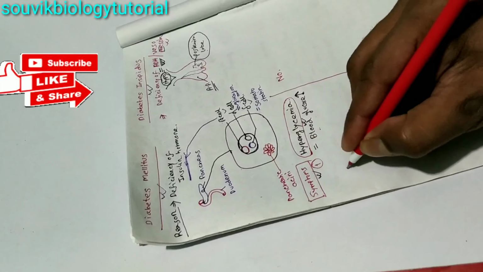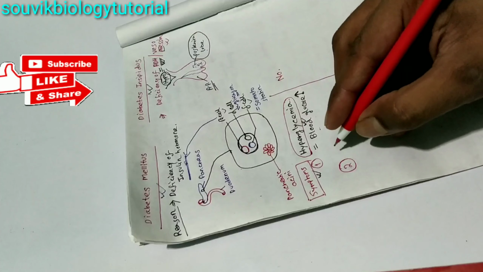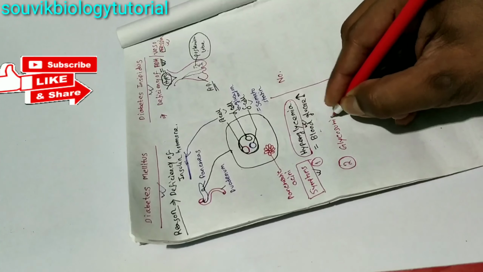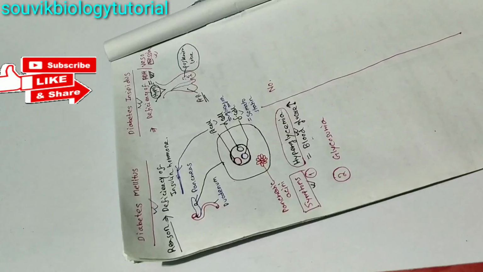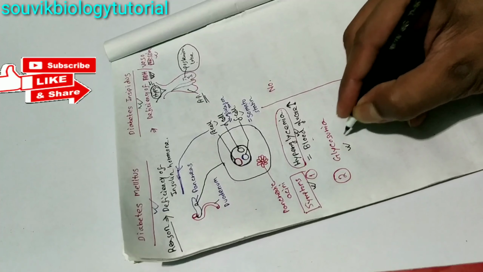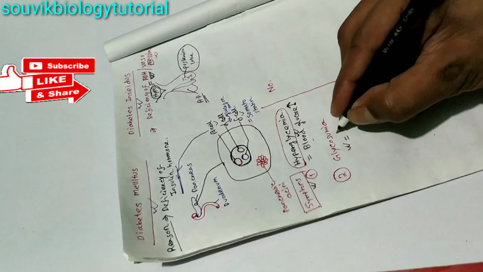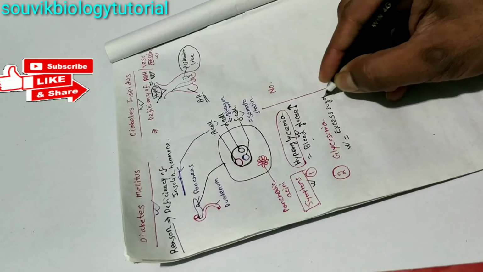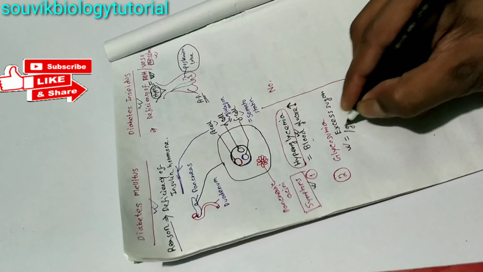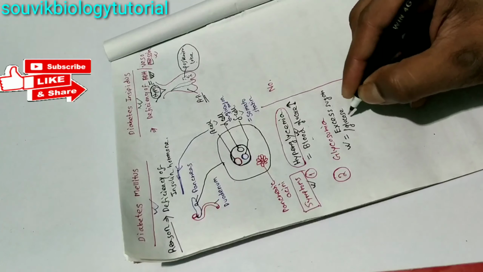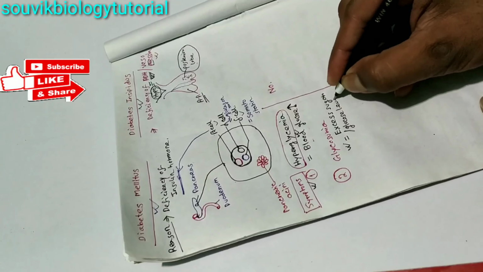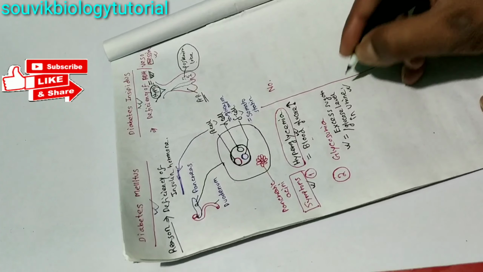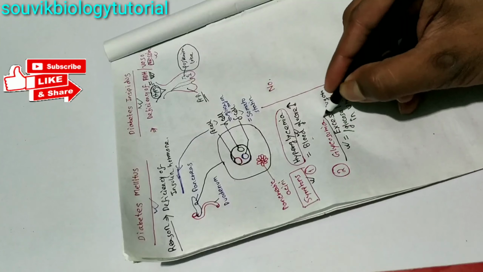This is the symptom. The next symptom is glycosuria. Now, what is the meaning of glycosuria? Glycosuria means when excess sugar or glucose is found in urine, then this is known as glycosuria.